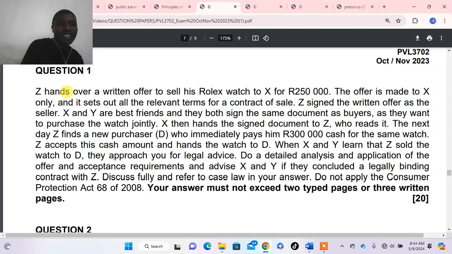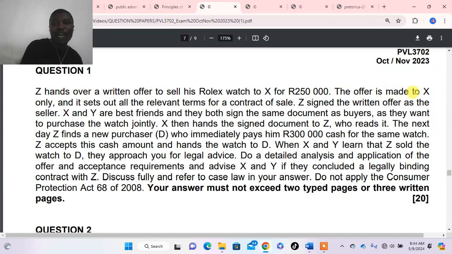It says that Z hands over a written offer to sell his Rolex watch to X for 250,000.